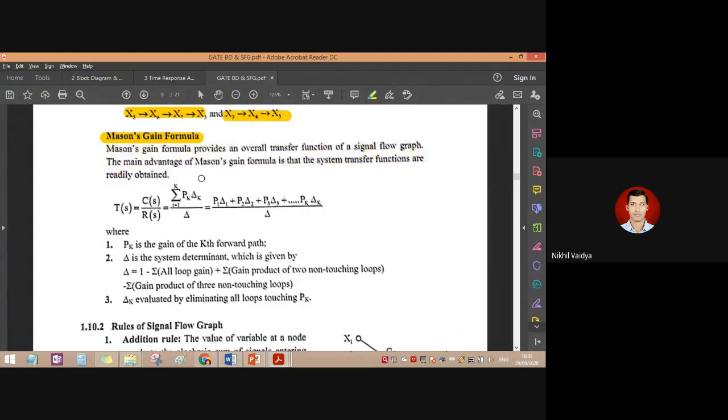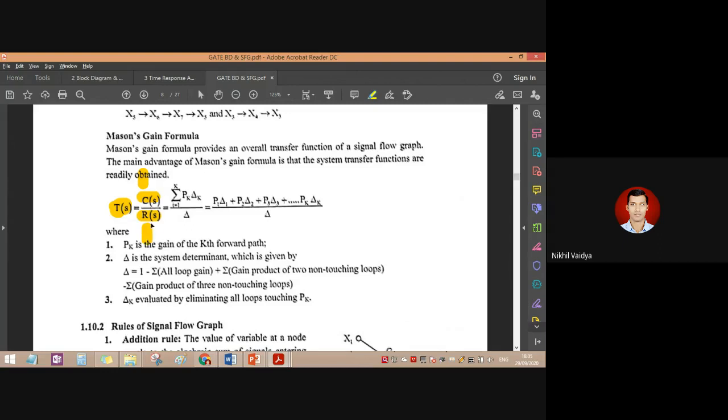Now listen carefully. Till now, whatever points we have discussed, we just have to apply them. What is the transfer function? Laplace transform of output upon Laplace transform of input, controlled output upon reference input.